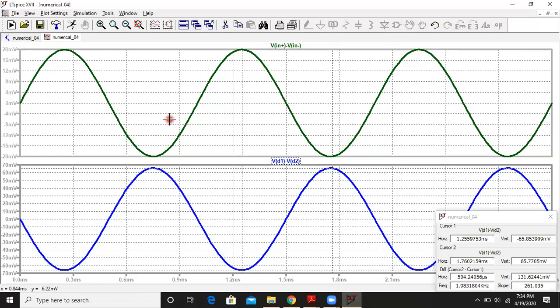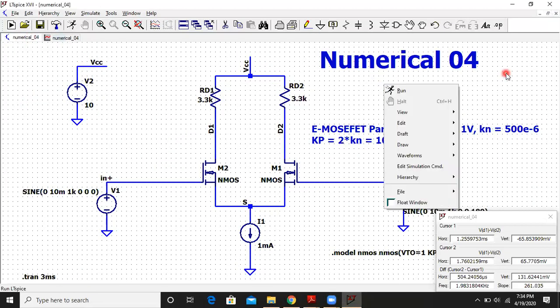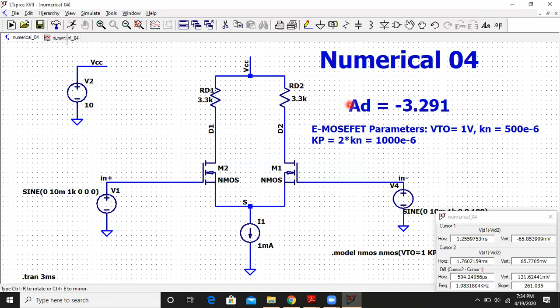So 131.64 divided by 40, I'll get 3.29. So the AD value is coming out to be minus 3.291, which I have written over here. Why minus? Because input and output are out of phase with each other.